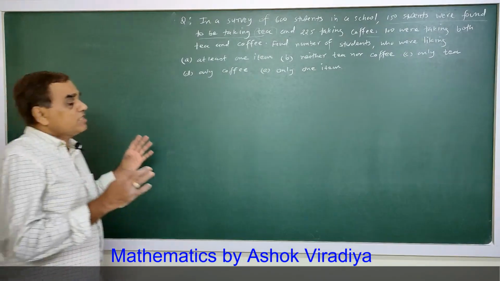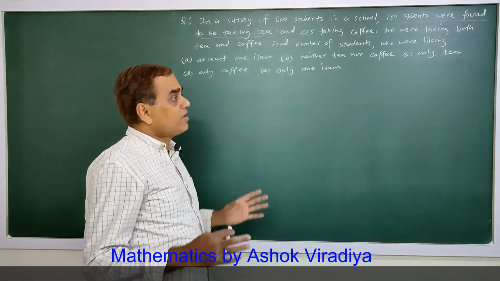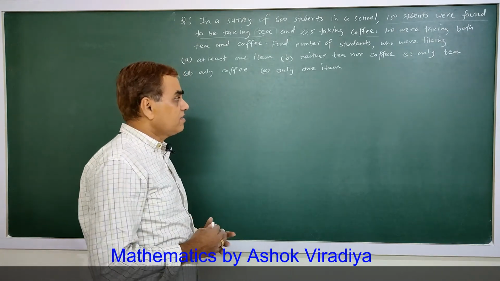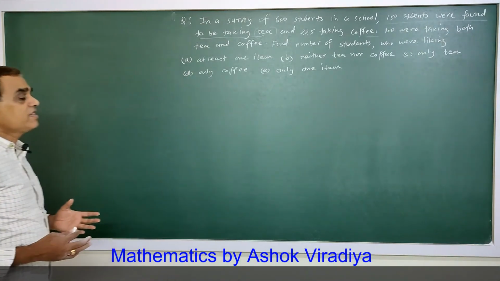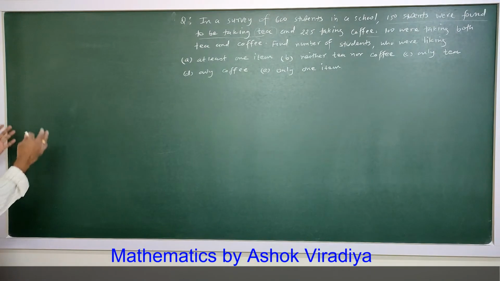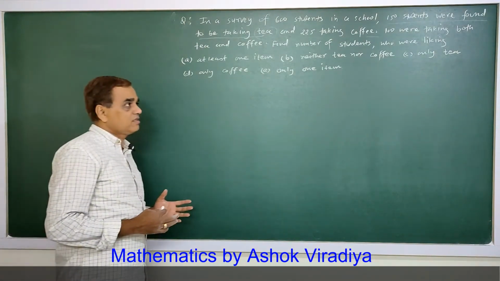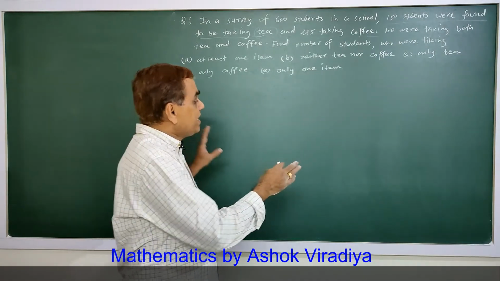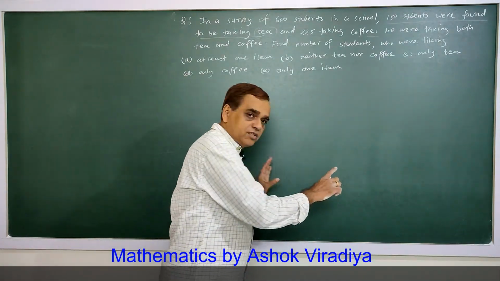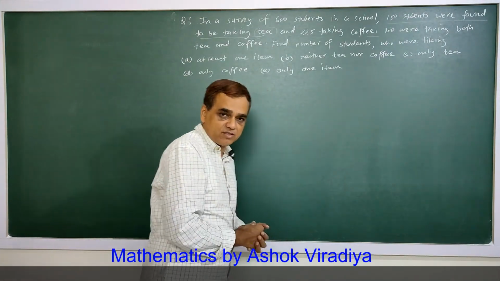Now the same question I am showing by another method, the method using a Venn diagram. In this method we will not use any formula, as we did in the first method.